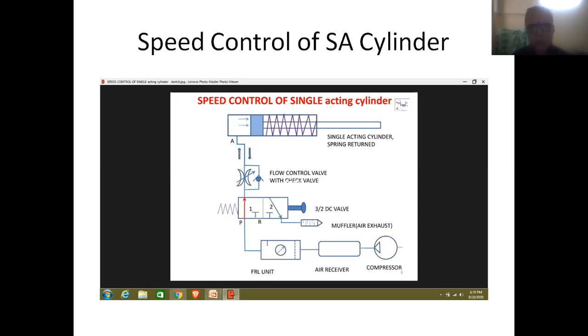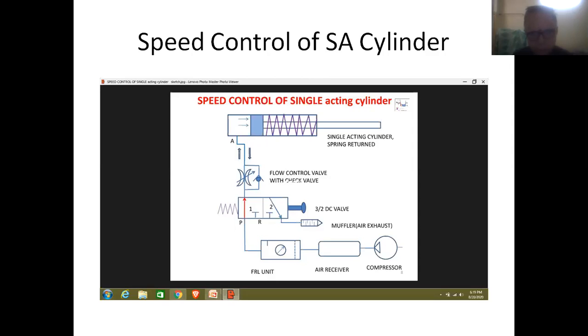This is the figure which indicates the general arrangement for speed control of a single acting cylinder. So here we can see the arrangement of flow regulator.